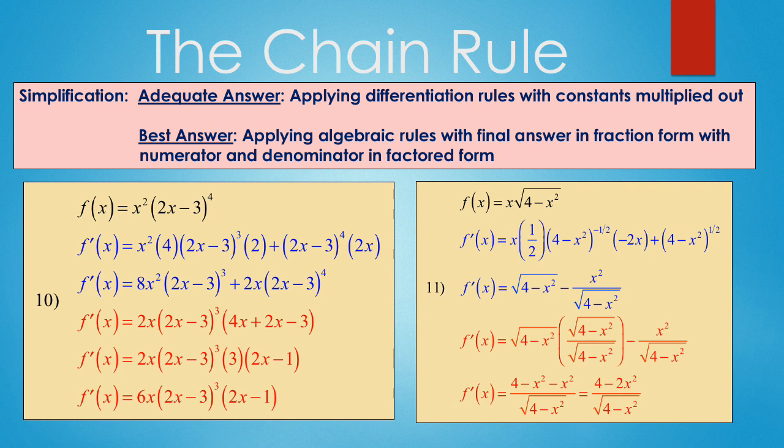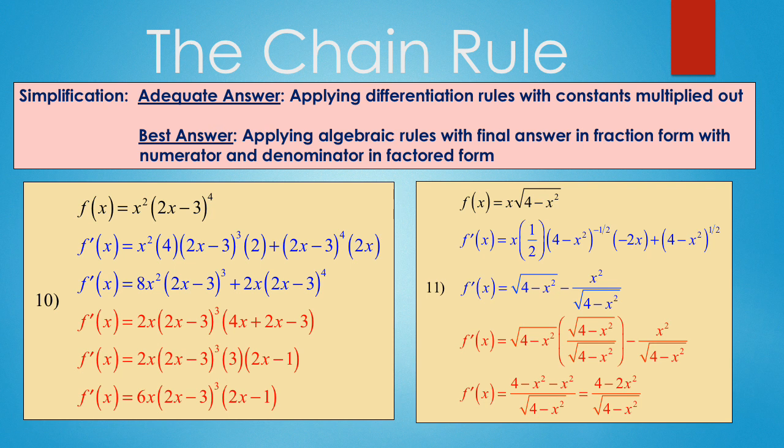In problem 11, f of x equals x times the square root of 4 minus x squared, we have already determined this as a product rule problem. I skipped the step of writing the square root of 4 minus x squared as 4 minus x squared, quantity to the 1/2 power. So the derivative is x times 1/2 times the quantity 4 minus x squared now to the negative 1/2.